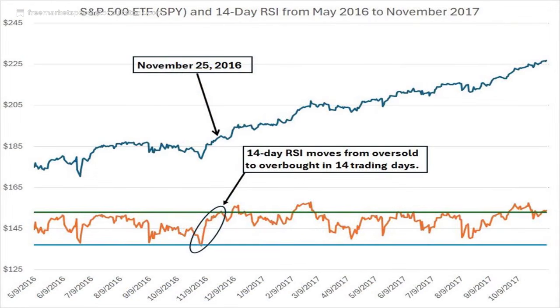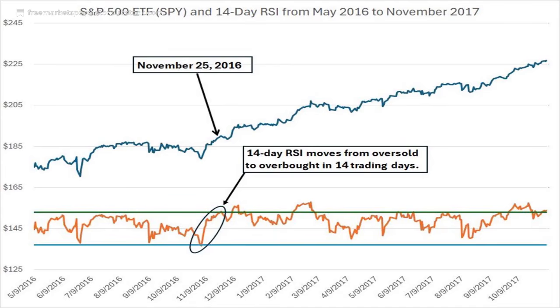The 14-day RSI on the S&P 500 moved from oversold to overbought in that cycle in 14 trading days. So that's 2 trading days longer than the move this month. Now here's the chart of that episode, using the same color coding I used earlier for simplicity's sake. The S&P 500 was oversold on November 4th, 2016. RSI was at 29.3.